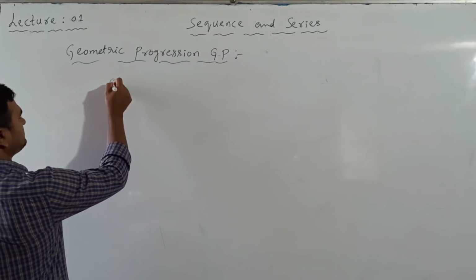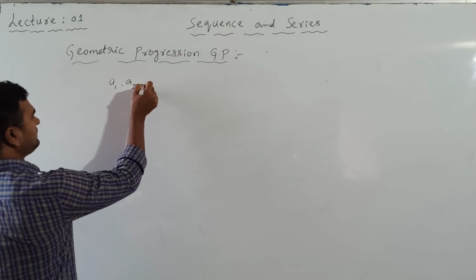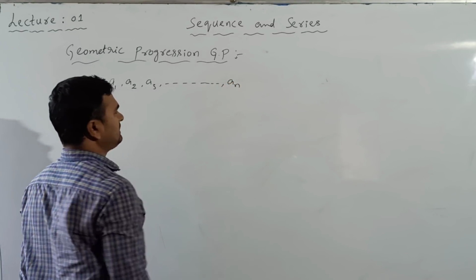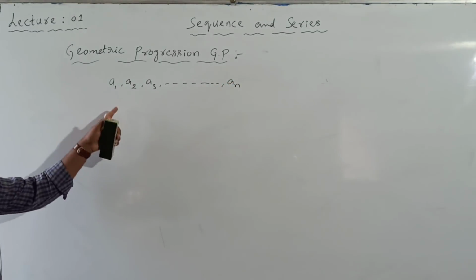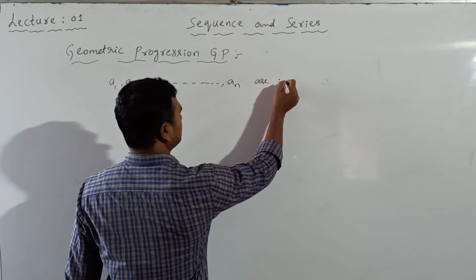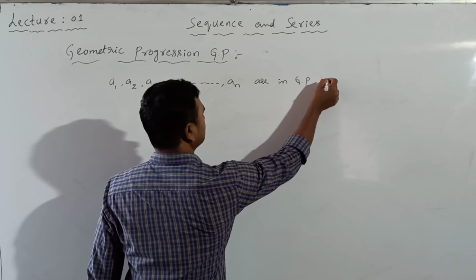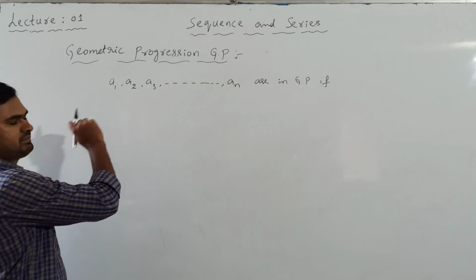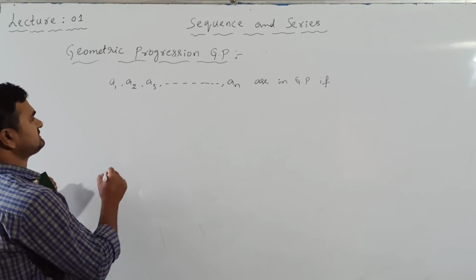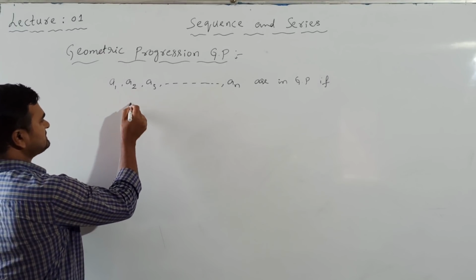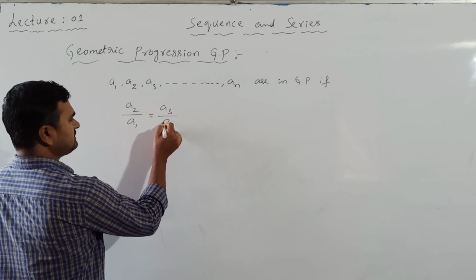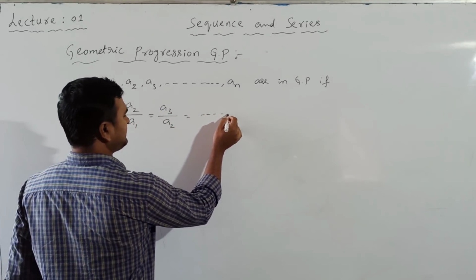So if we take the terms A1, A2, A3 up to An, these terms are said to be in geometric progression, or GP, if the ratio between any term and its preceding term is always the same or constant. That is, A2 by A1 will be the same as A3 divided by A2, and so on.